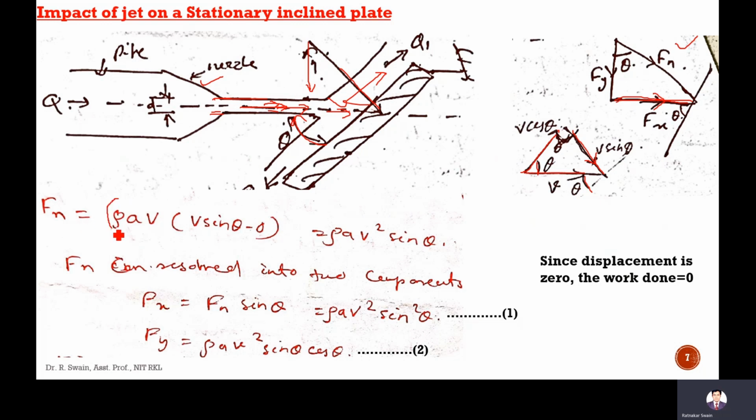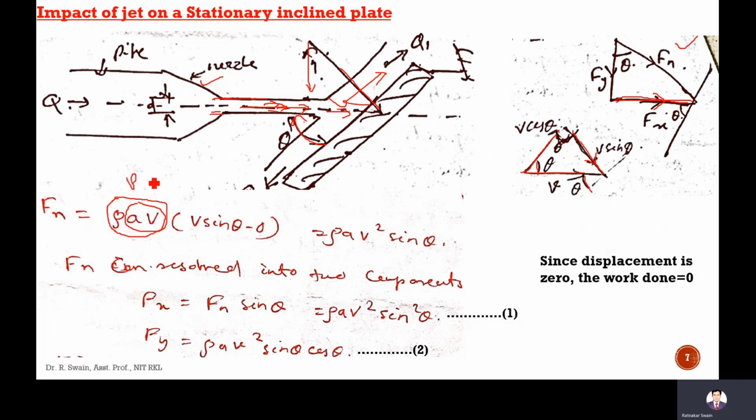The rate of change of momentum is rho a v times velocity. Mass per unit time is rho a v, density times a v. A v is Q, the discharge, which is volume per unit time. So rho is mass per volume.